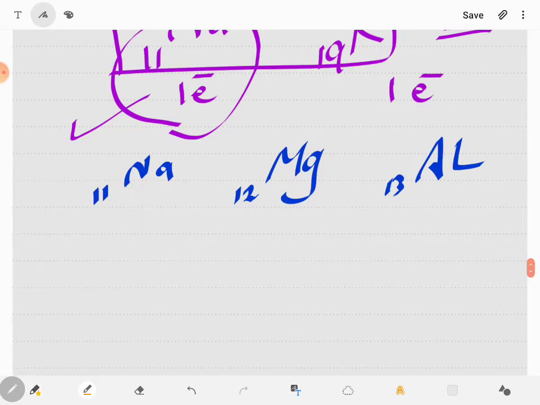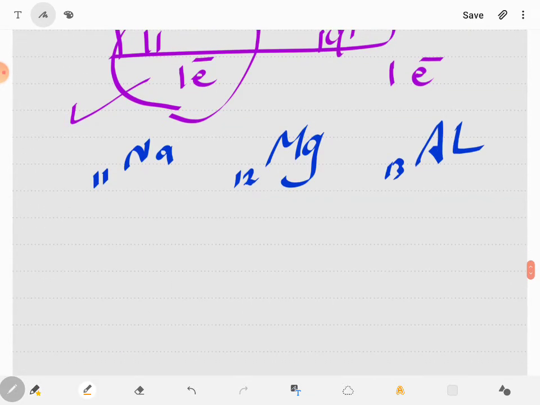We know the outermost valence shell of sodium has one valence electron, here two, and this one three. So the valence electrons of aluminum are more. So aluminum has a stronger metallic bond than sodium.